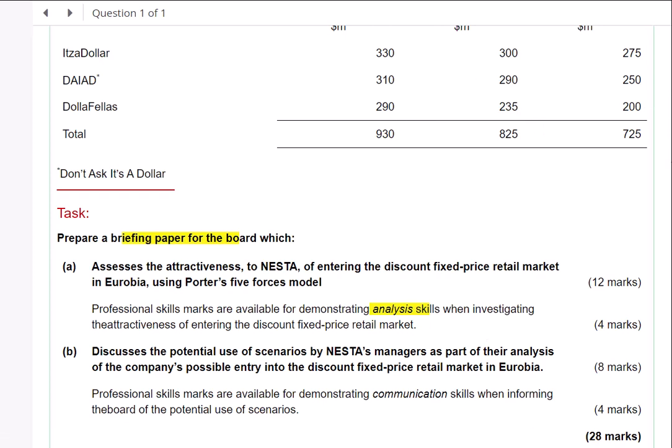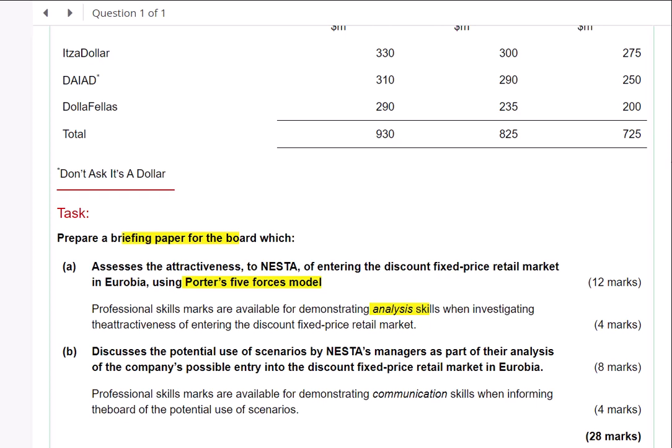Now our requirement is to assess the attractiveness to Nesta of entering the discount fixed price retail market in U, I will just be speaking it as a U, using the Porter five forces model. Generally nowadays they don't tell us to use the model directly. We have to use our own brain and apply the model.